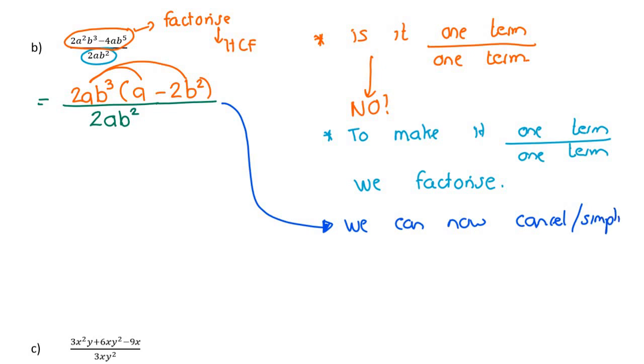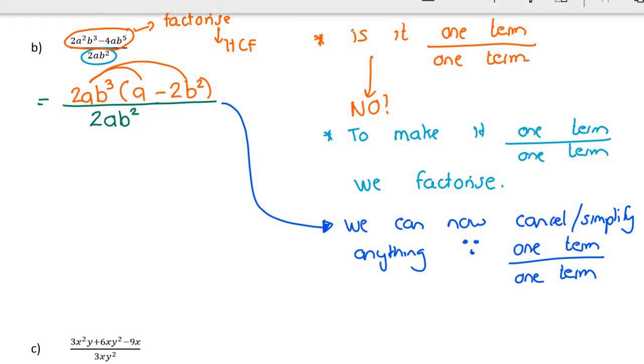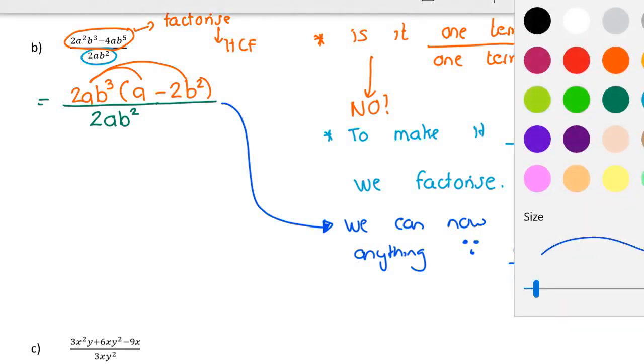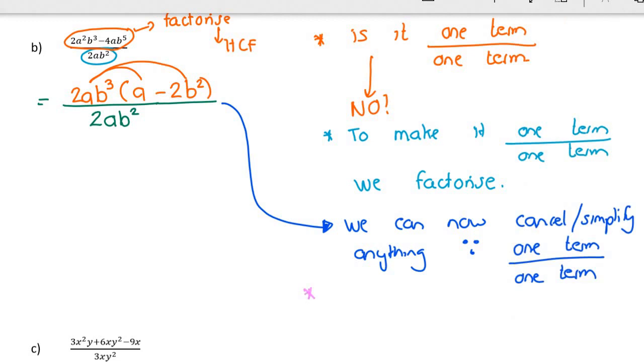So we can now cancel or simplify anything simply because we have one term over one term. Now when I say anything, just be careful. A bracket can only be cancelled with an entire identical bracket. So let me write that just as a note here.